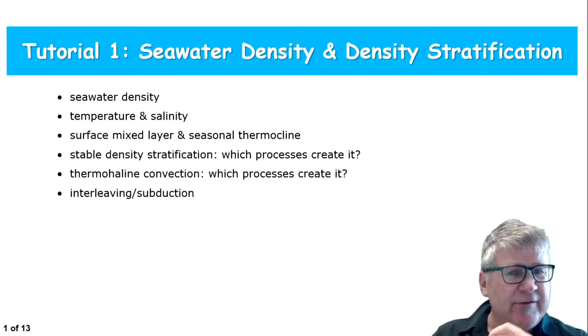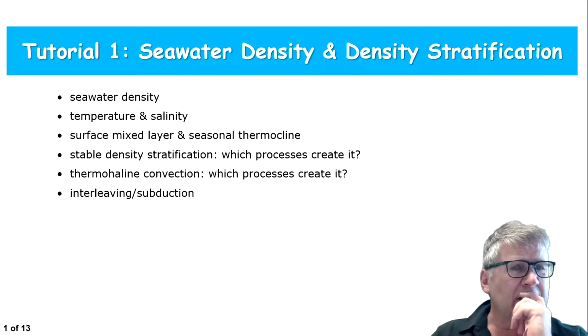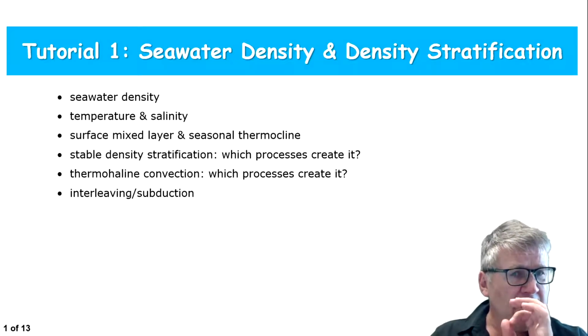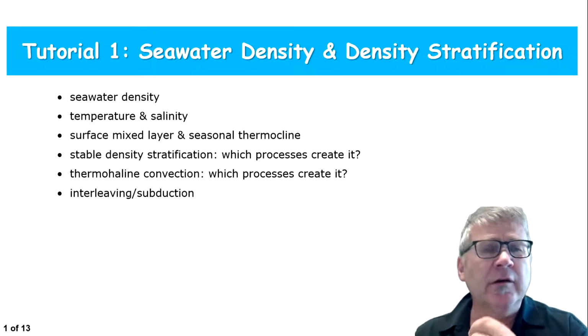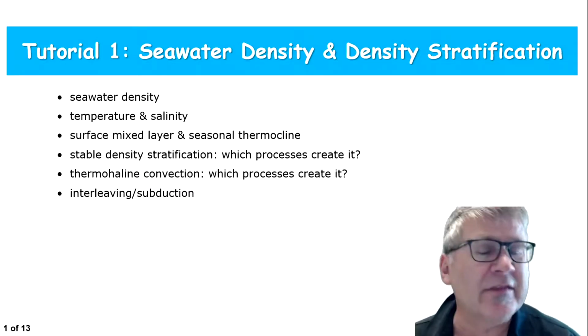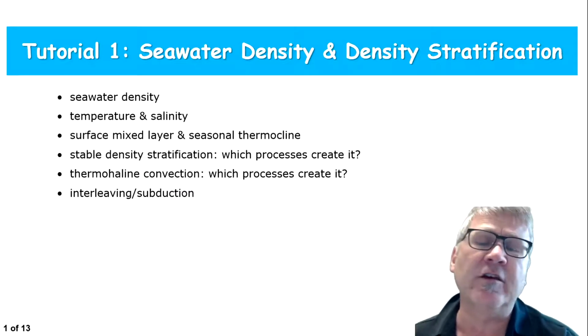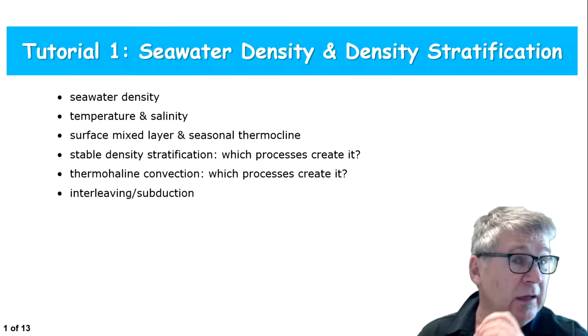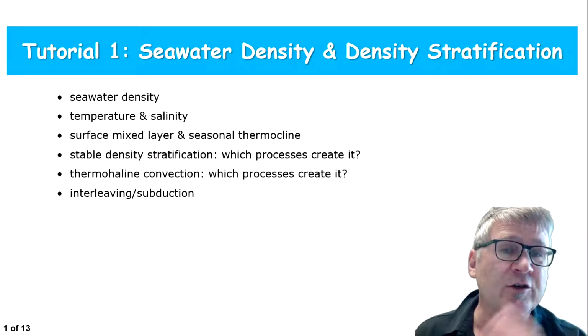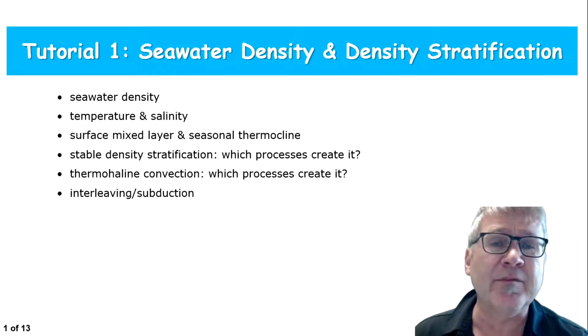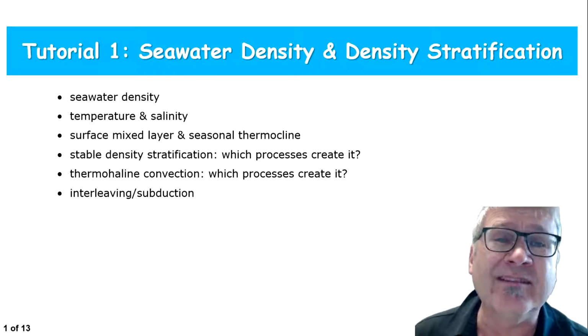So density stratification is actually a very important feature because, for example, it creates something that we call the surface mixed layer in the ocean. The surface mixed layer is the layer that is the connection between the atmosphere and the deeper ocean.